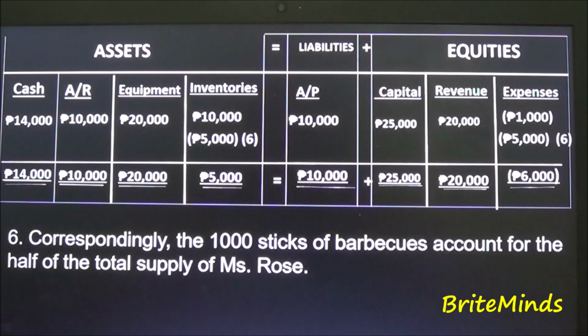And then less 6,000 of expenses, so the total will be 49,000 pesos. So the two sides of the accounting equation remain equal.